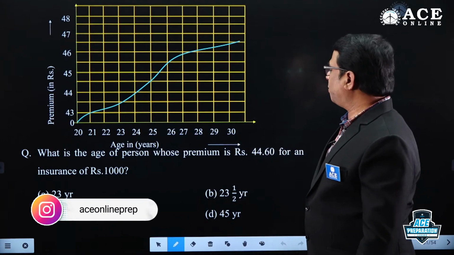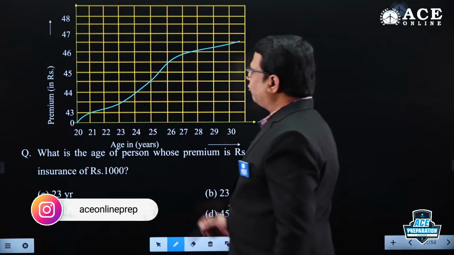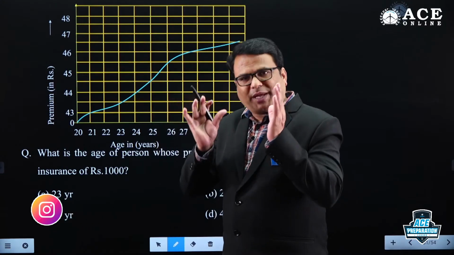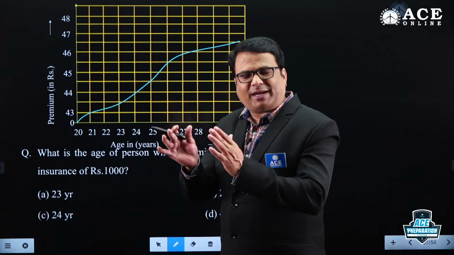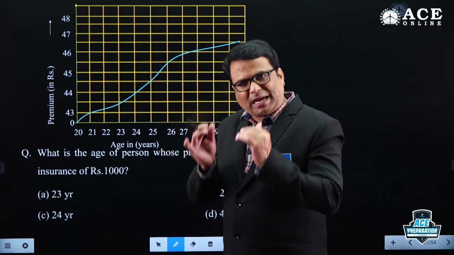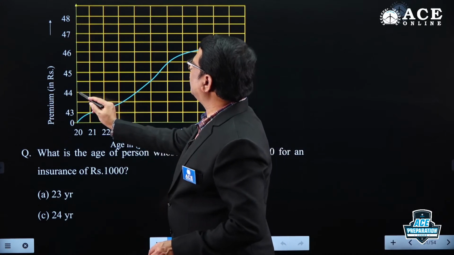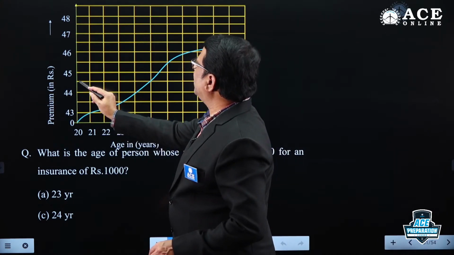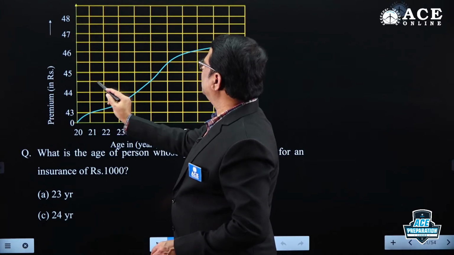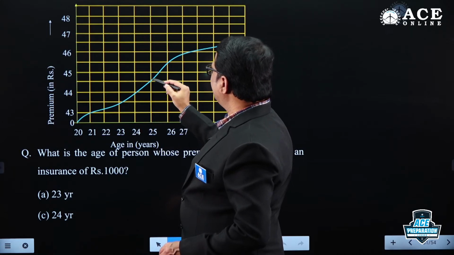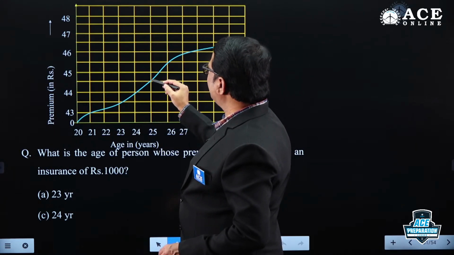So 44.6 means you should look at the y-axis, because the premium in rupees is represented by the y-axis and the x-axis represents ages. Okay. So this is 44, this is 44.5. 44.6 means slightly above this line. So slightly above this line, it is coming here.